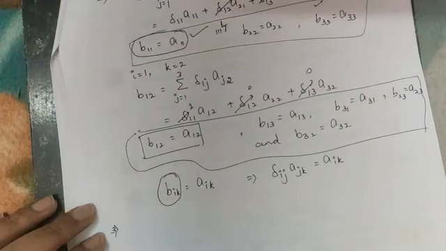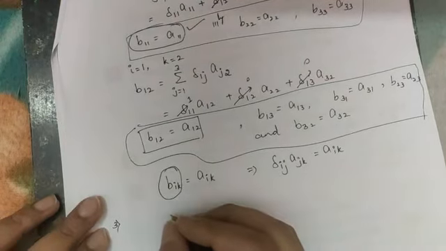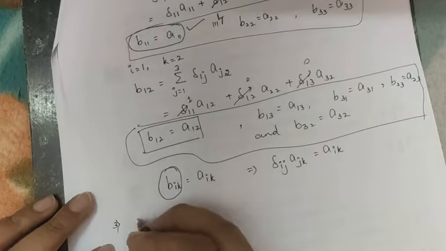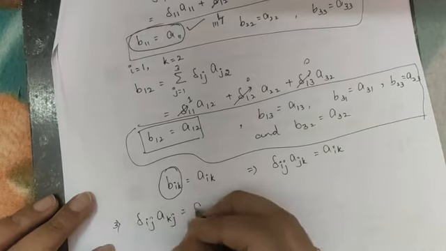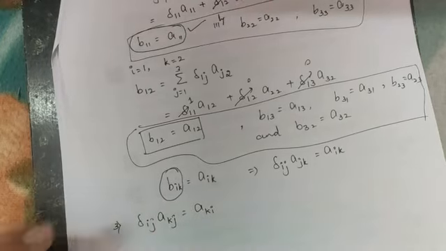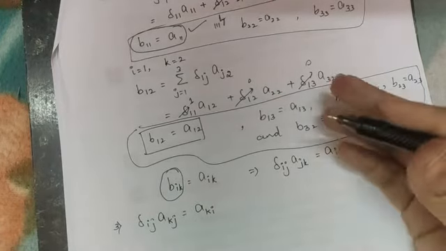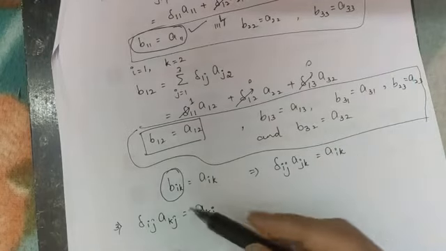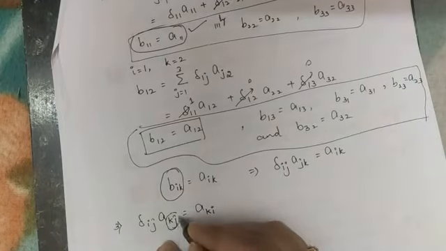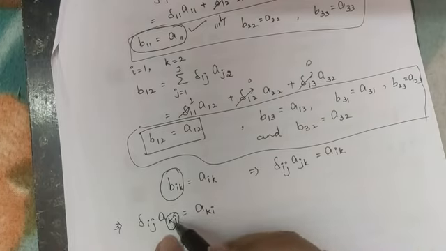Now let's move to third property. Third property is nothing but delta ij akj is equal to aki. Don't get confused. Your second property and third property are not the same. So here I have akj. In your second property it was ajk, right?